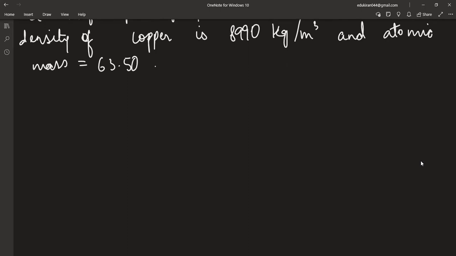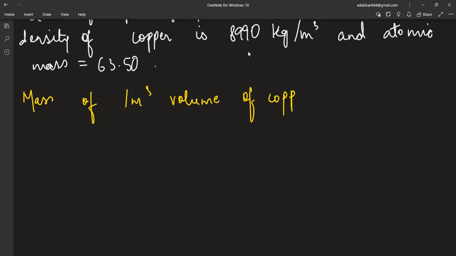Firstly, the mass of 1 meter cube volume of copper, how much is it containing? It's given to you in the question: 8990.